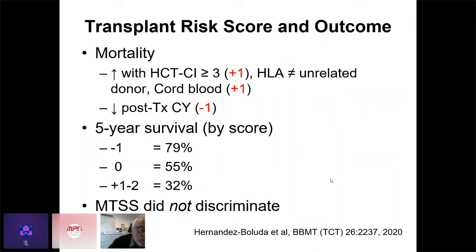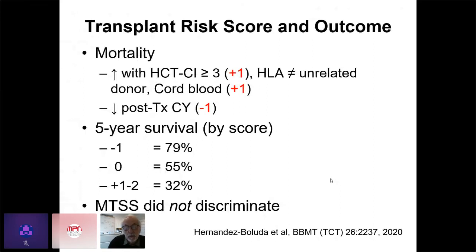And when adding up those scores, they had a 5-year survival in these patients of almost 80% with a negative score, not having high comorbidity and having received an HLA-matched donor. Survival was 55% if your score total came out as 0, and only 32% if the score was 1 to 2.